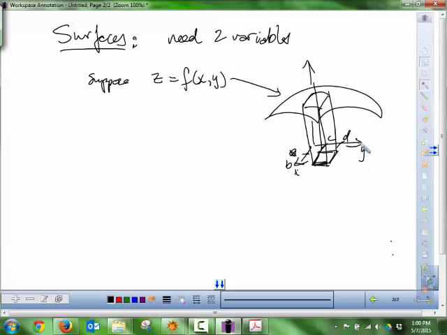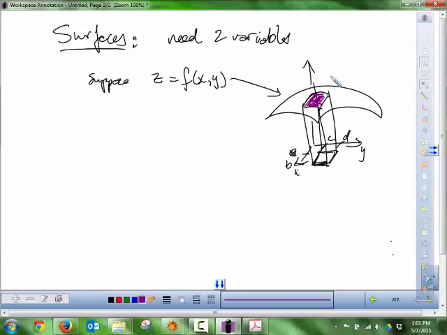I'll get some nicer pictures for viewing purposes. The pictures that I'm drawing are for note-taking purposes, so you can take notes, because if I pull out graphing programs, it's hard to draw those things, right? So we're looking at this piece of a surface here, and we would be interested in doing something like maybe integrating over this surface, or maybe just finding the surface area. Okay?